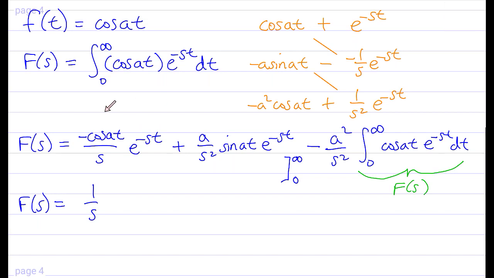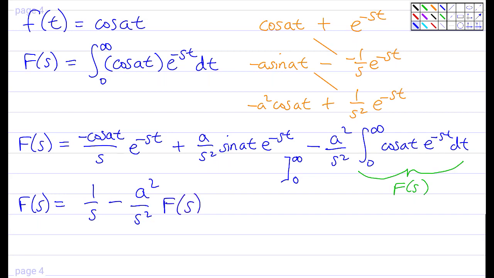That was everything that comes out of this part. And I still have minus a squared over s squared times f of s. That actually simplified really nicely. Okay, I have to solve this equation for f of s. So I'm going to bring f of s over to this side, and I get 1 plus a squared over s squared, times f of s, equals 1 over s.